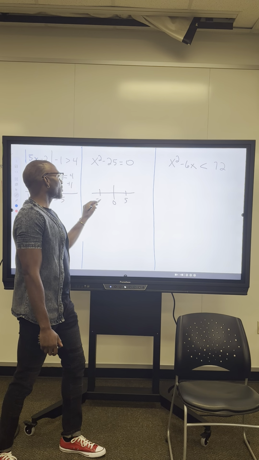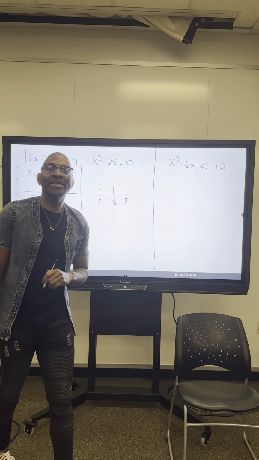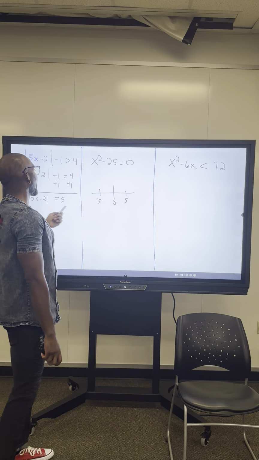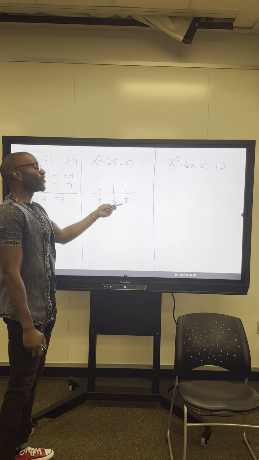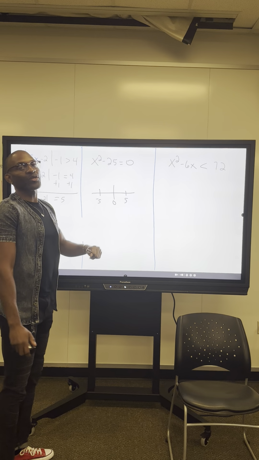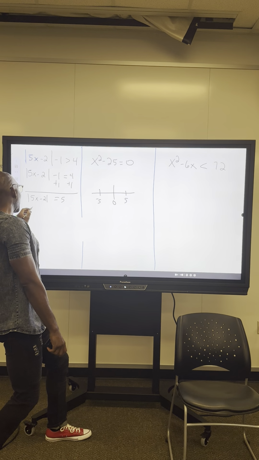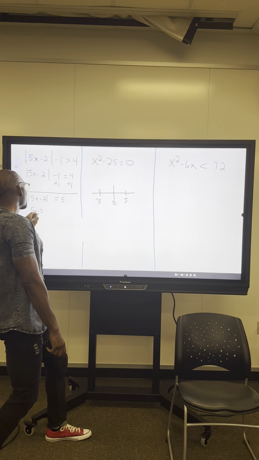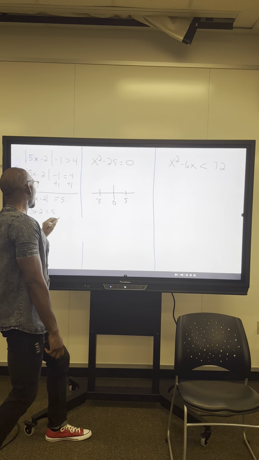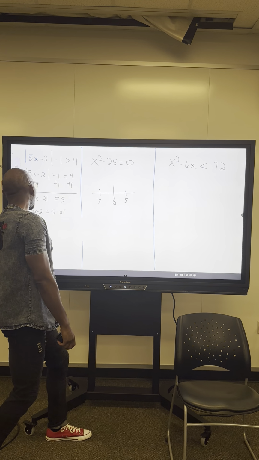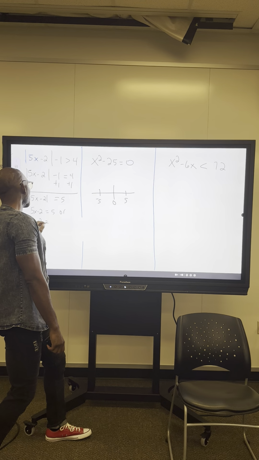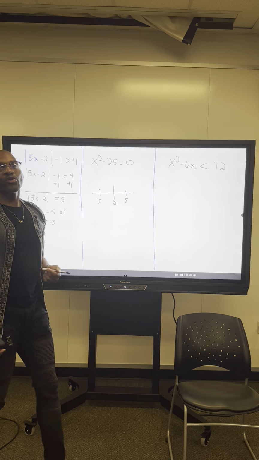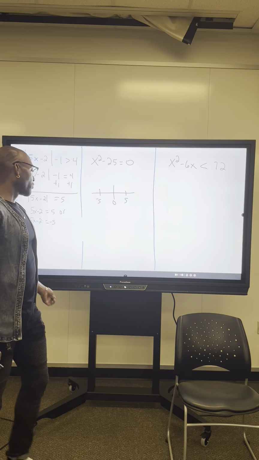But if I go 5 places to the left, I'm going to be at -5. So that means the absolute value of -5 or 5 is going to equal 5. So that means 5x minus 2 has to equal 5, or 5x minus 2 is equal to -5.